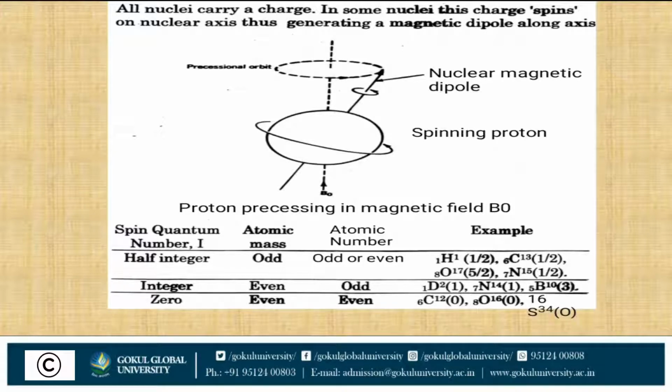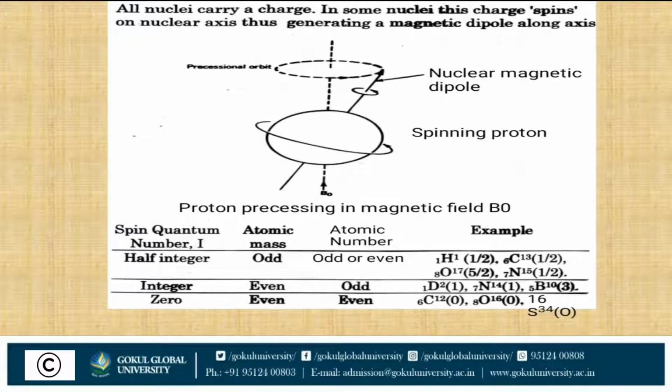The spin quantum number is related to atomic mass and atomic number, as shown by different examples. If the spin quantum number is half integer, then the atomic mass is an odd number and the atomic number is odd or even. Examples are hydrogen, carbon, oxygen and nitrogen.